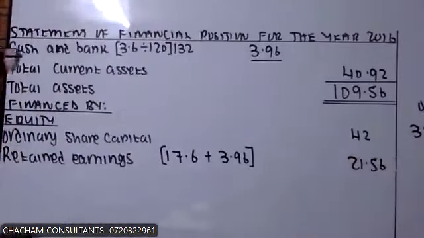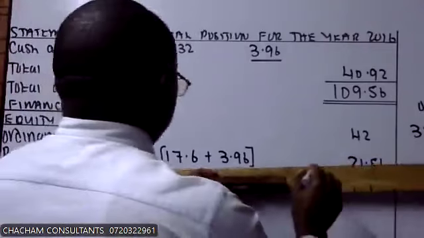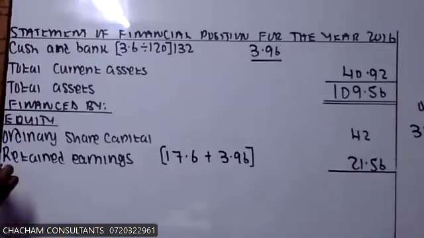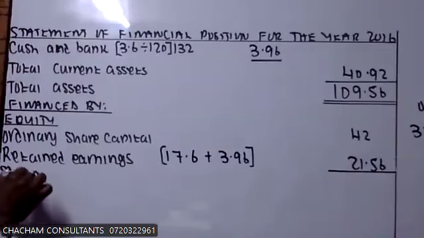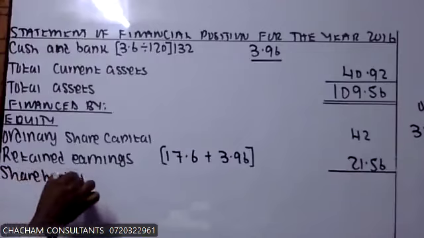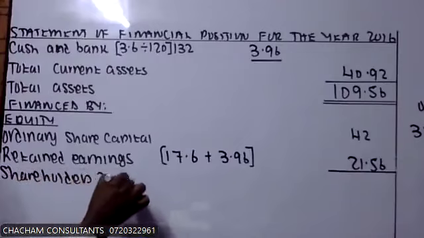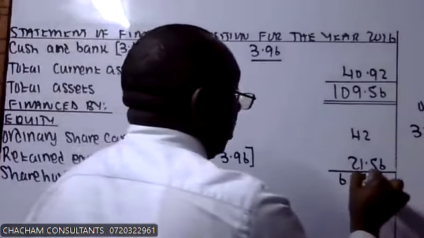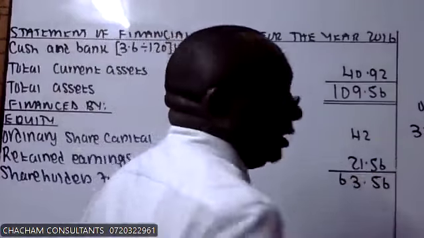Now, when you get those two, the figure you get is called shareholders' funds. This must be 63.56.